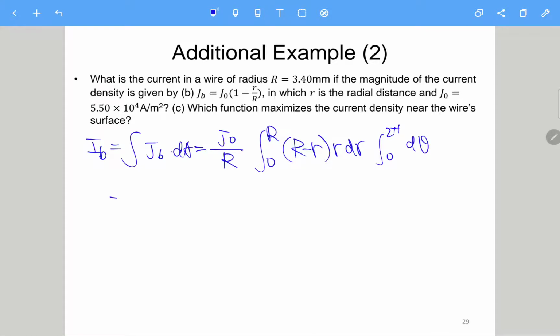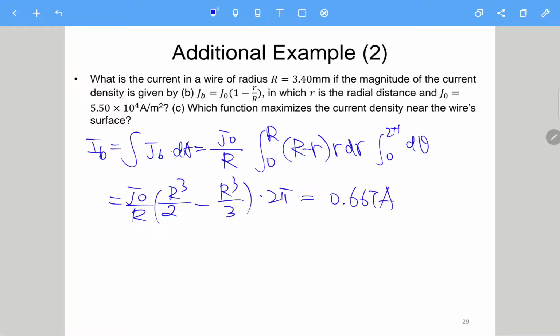So we have J0 over R times the quantity R times r squared over 2 minus r cubed over 3, times 2 pi. Then you substitute all the numbers in, and you find that it is 0.6678.